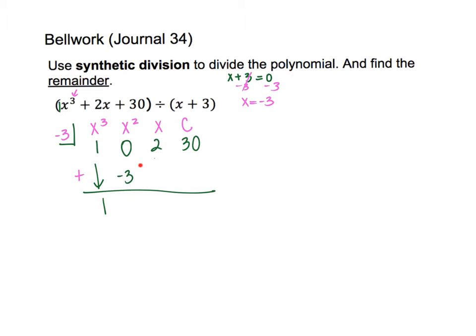So 0 plus negative 3 gives me negative 3. Negative 3 times negative 3 gives me a positive 9. 2 plus 9 gives me 11, and 11 times negative 3 gives me negative 33. If I add 30 with negative 33, I get negative 3. And it looks like I have a remainder. So here is my remainder.